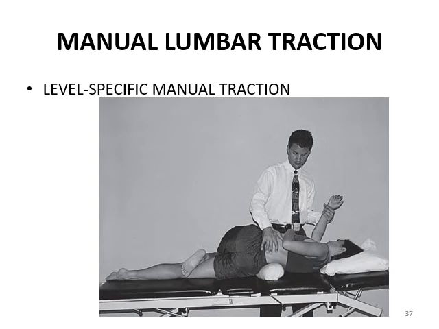If lumbar levels T12-L1, L1-L2 and L2-L3 are to be given specific traction, the patient is again positioned sidelying. These levels require positioning in reverse order from the lower levels. First, the trunk is rotated, then the lumbar spine is flexed.